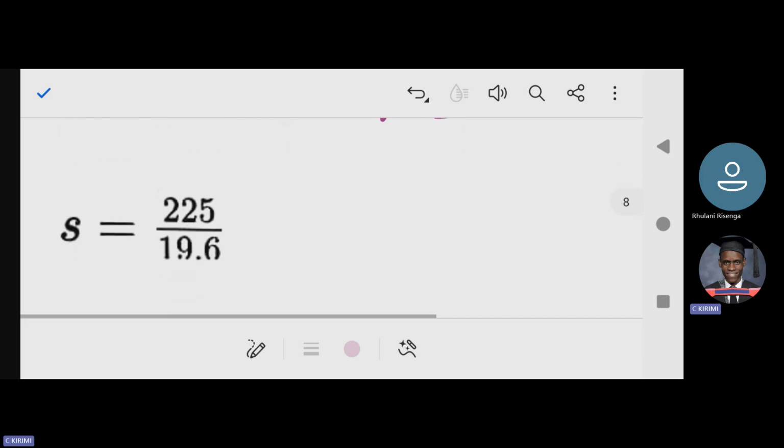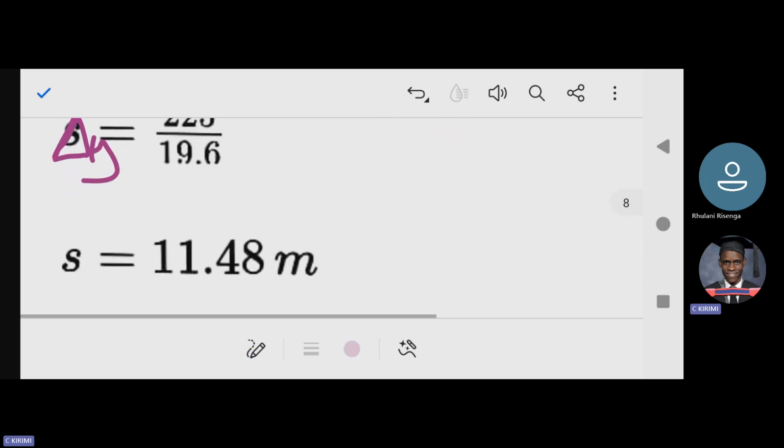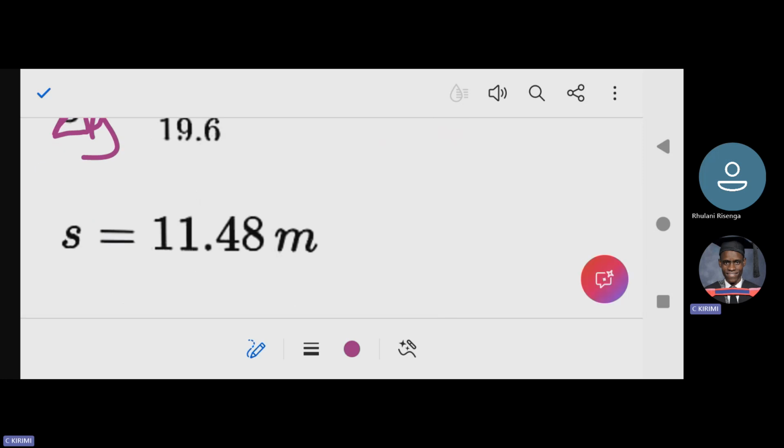So the change in y is 225 over 19.6. From the ground to reach the maximum height, the change in y was 11.4 meters.